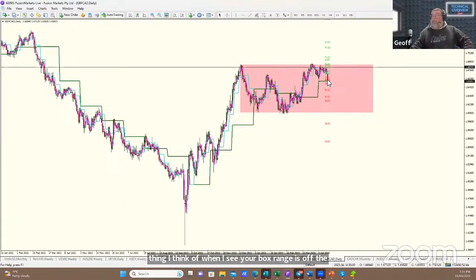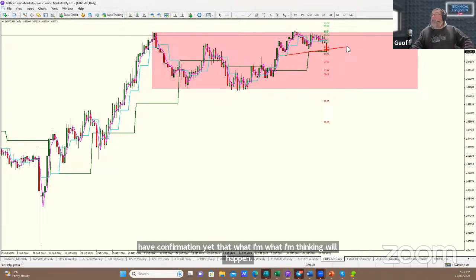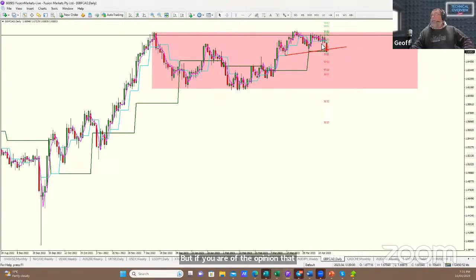What I do need to see, however, and I don't want to trade this candle because I'm not that brave, because I don't have confirmation yet that what I'm thinking will happen. But if you're of the opinion that that candle there is strong enough to drive price down here without a pullback, then okay. I'm not like that. I want to see a pullback before I actually get into this trade.